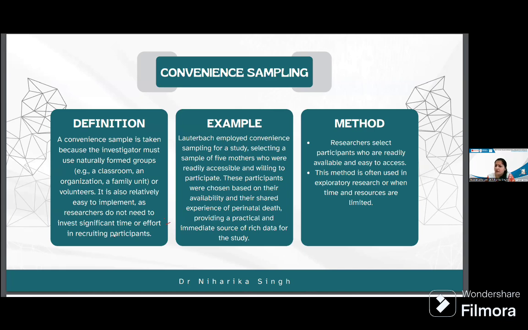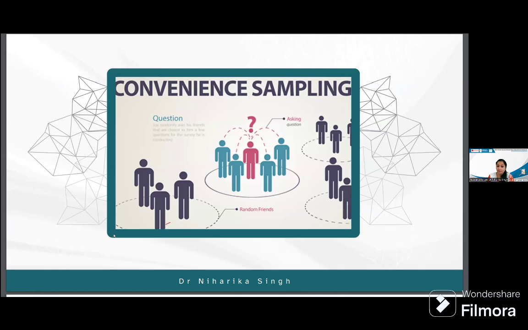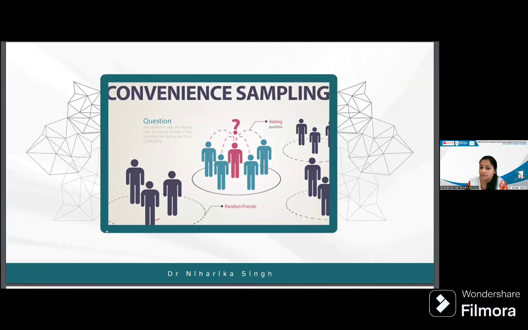It can also be used in exploratory research, or when you have very limited time and resources available for your research work. So this is an example of convenience sampling from random people, from friends, from your known resource people. This is also one of the examples from something we did recently, where convenience sampling has really helped us.